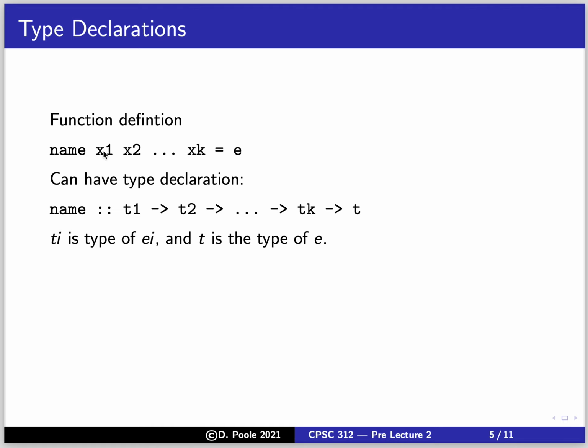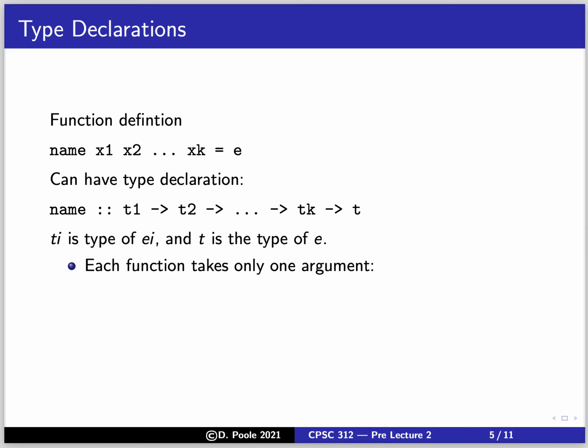So this says that the first argument has to be of type t1. The second argument has to be of type t2. So when we're evaluating this expression, that expression has to be the right value. So t1 is the type of the first argument, t2 is the type of the second argument, and t is the type of this expression here.